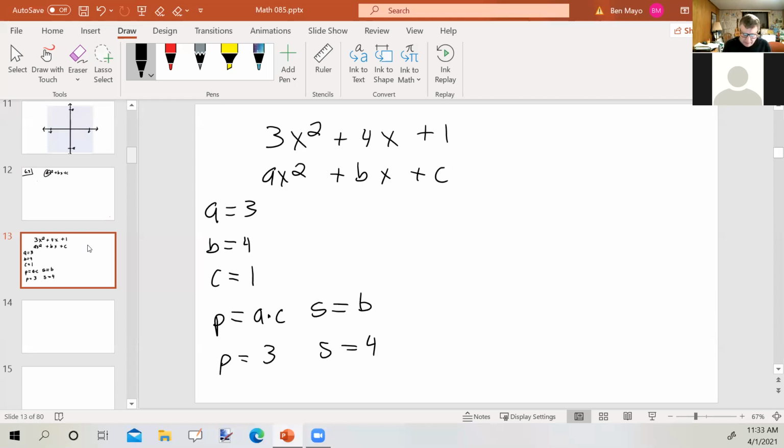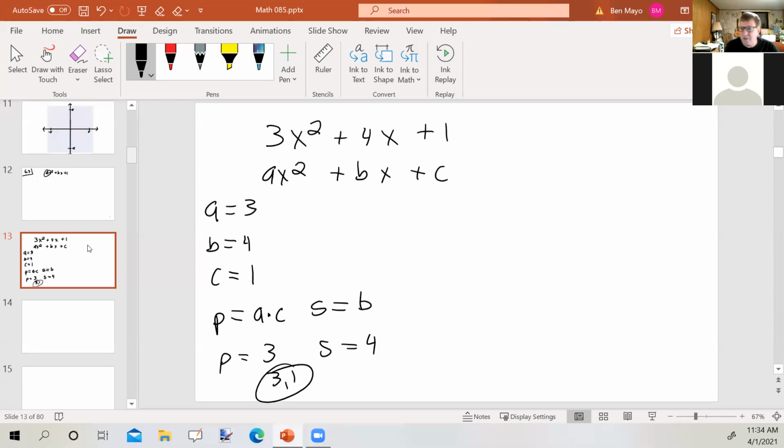Okay. Now, we're still looking for a pair of numbers whose product is that 3 and whose sum is 4. So the numbers would be 3 and 1, because 3 times 1 is 3 and 3 plus 1 is 4.